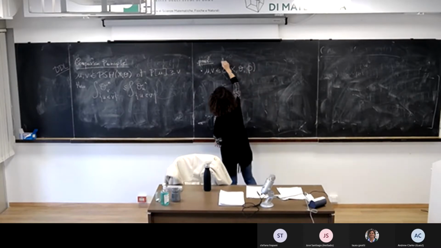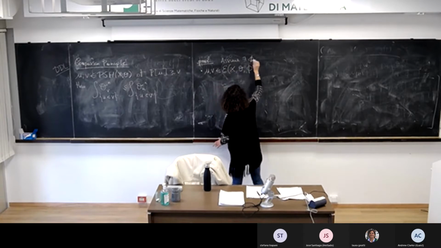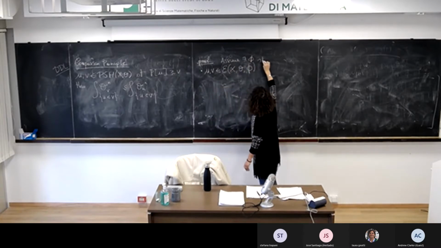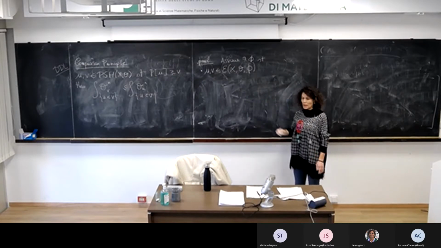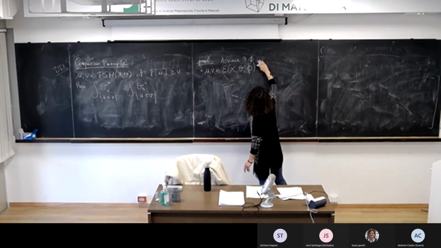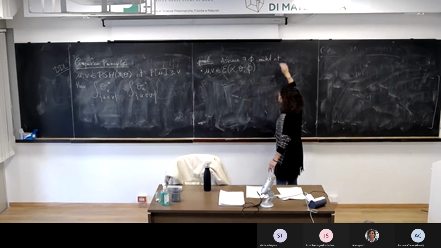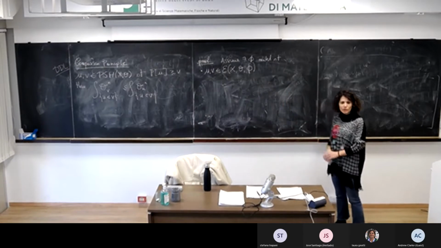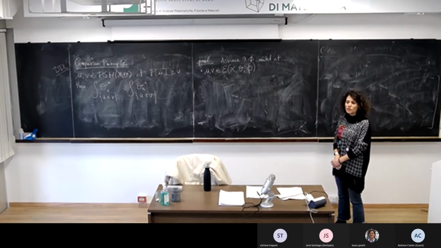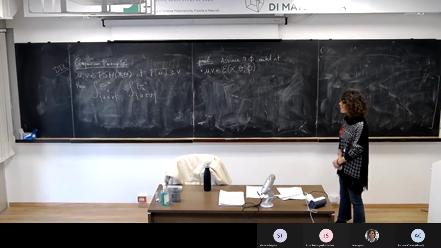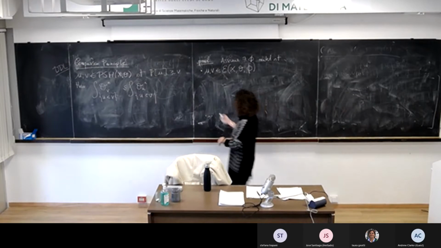So we assume, for the first time, there exists a model potential phi such that this holds. So this is the first assumption: we assume that both of them are in the same class E with respect to a model potential.